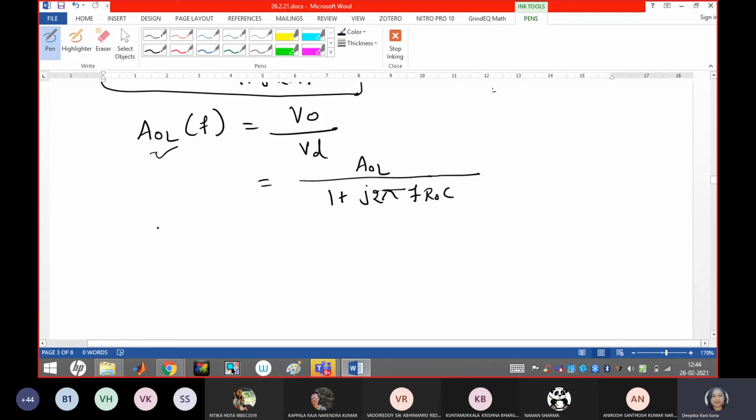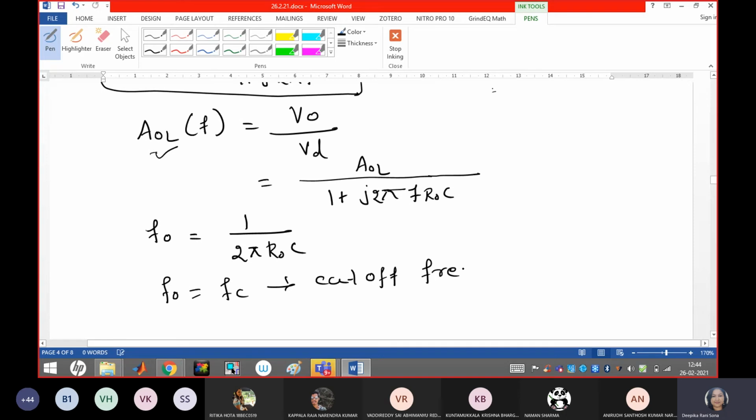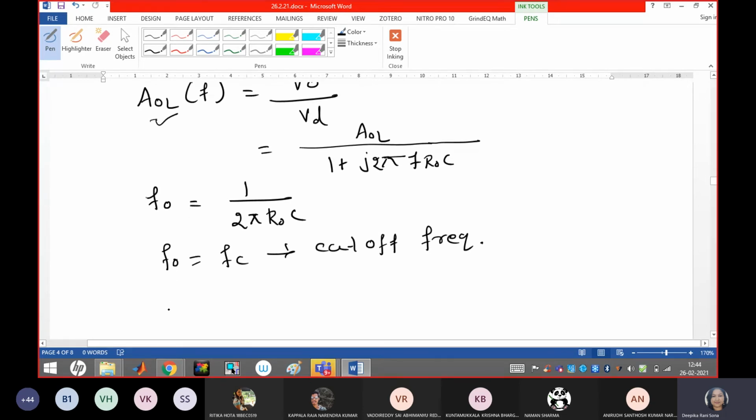Suppose here we write F0 is the cutoff frequency, which can be written as 1 by 2 pi R0 C. Here AOL of f represents the open loop voltage gain as a function of frequency, and F0 equal to FC is the cutoff frequency up to which the gain will be constant, and beyond that frequency the gain will start to reduce.